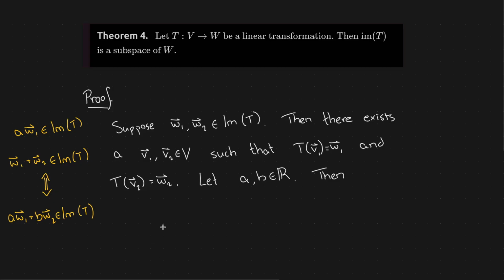Okay? So I'm going to take my linear combination, AW1 plus BW2, and I'm going to use what I know, right? I know that W1 and W2, because they're in the image of T, I can write W1 as T of V1 and W2 as T of V2. So I get A T of V1 plus B T of V2.